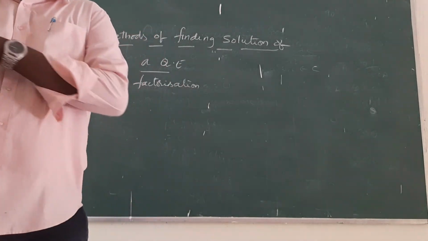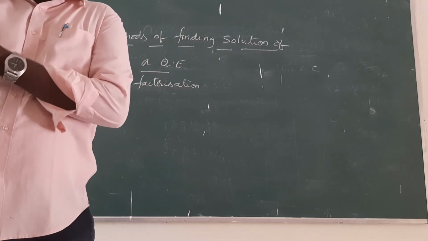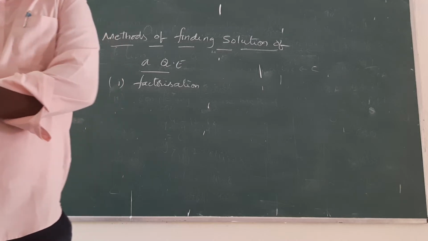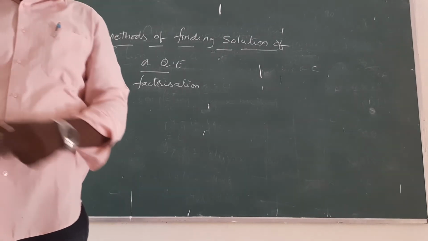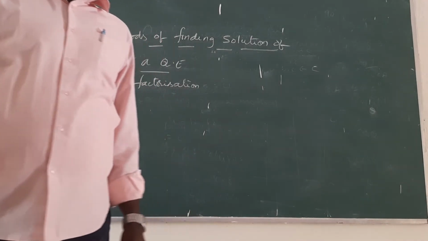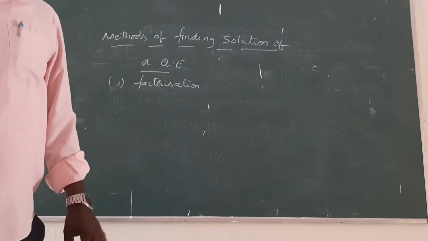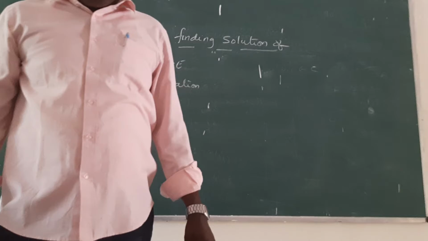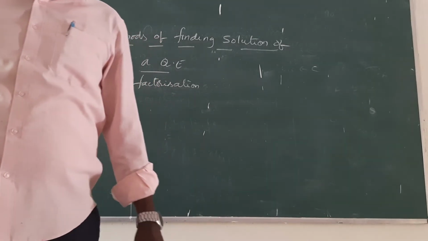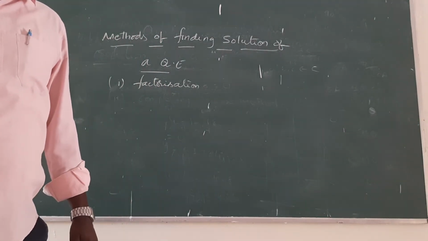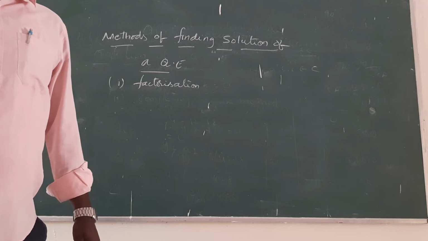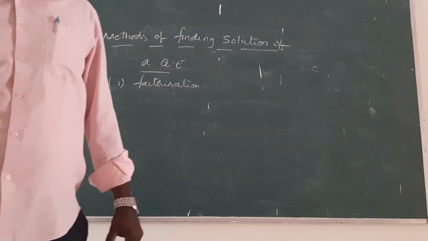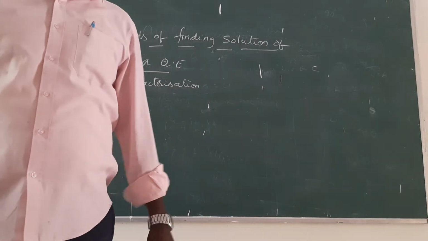See the first method, factorization method. If we can factorize ax square plus bx plus c, where a is not equal to 0, into a product of two linear factors, then the roots of the quadratic equation ax square plus bx plus c is equal to 0 can be found by equating each factor to 0.